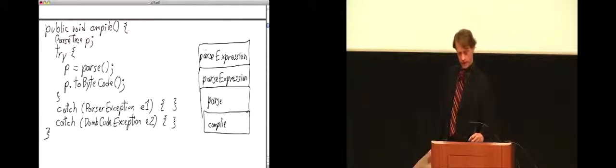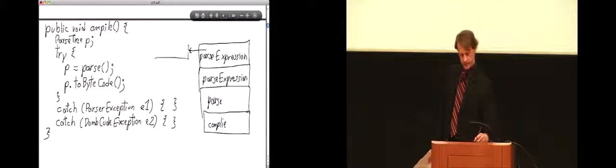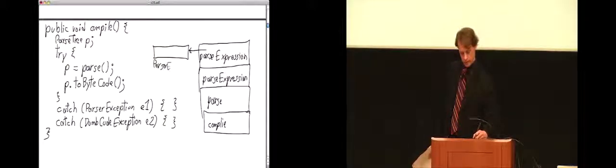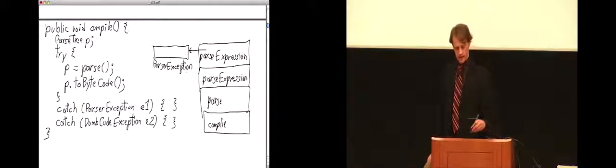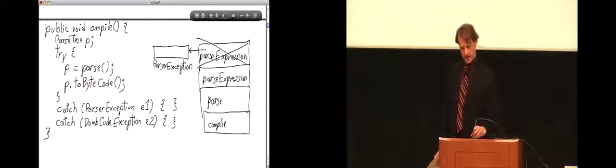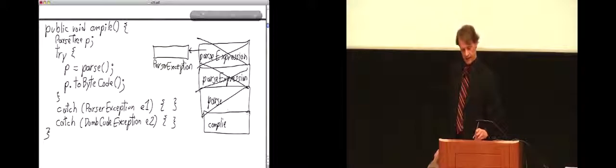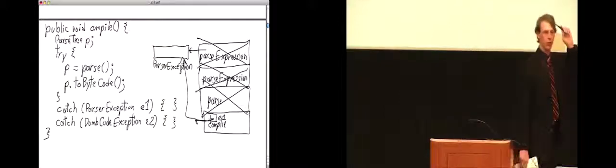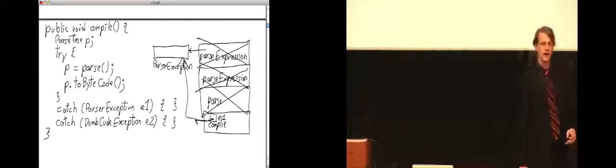And somewhere in here, we get this exception thrown. And when the parser exception is thrown, it just rips down the stack, tearing stack frames off the stack until it gets caught down here by the compile method. And once it's caught, that exception is actually stored in the variable E1, and now you can go look at it if you want.